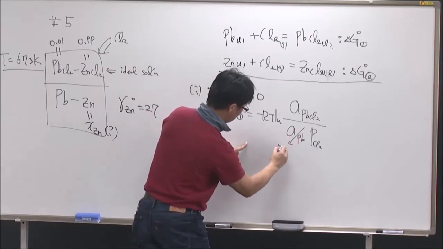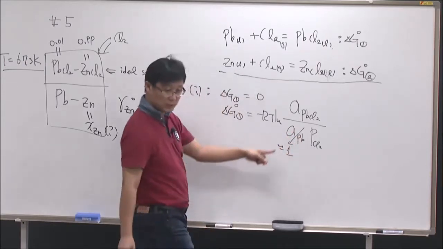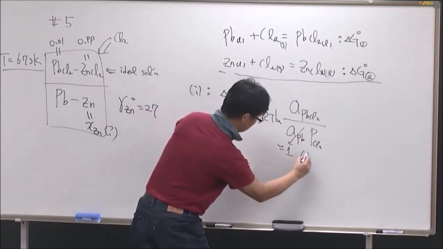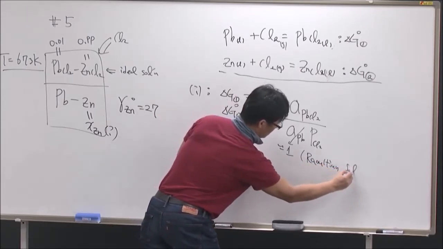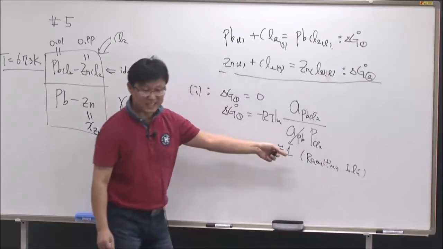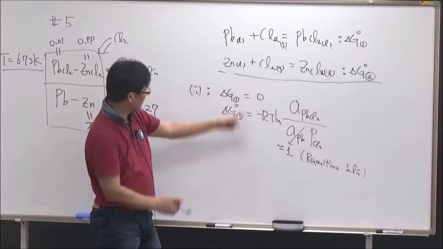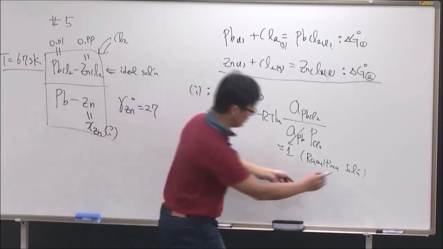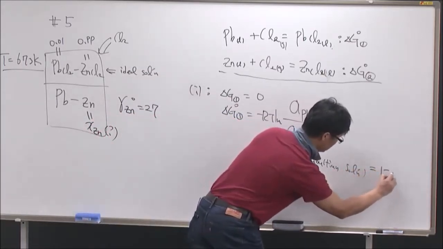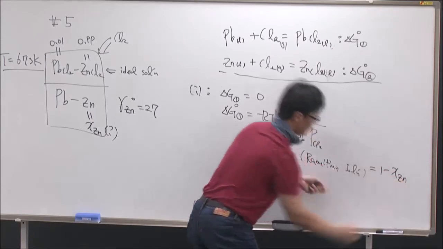Okay, so this is almost 1. As I mentioned, this is Raoultian solution. If you like, 1 minus x, if you like. x is now the Zn content, but you can assume in this way. Or, if you want to really do it, 1 minus x Zn, if you like.